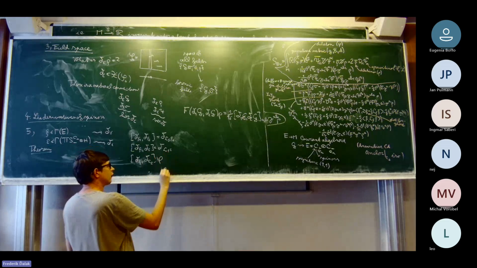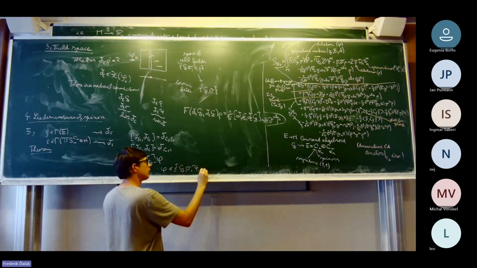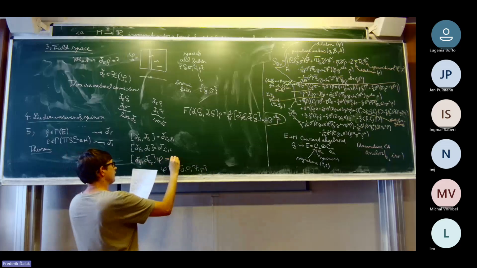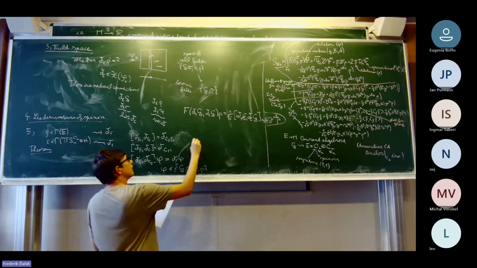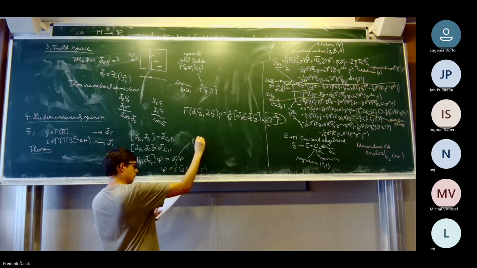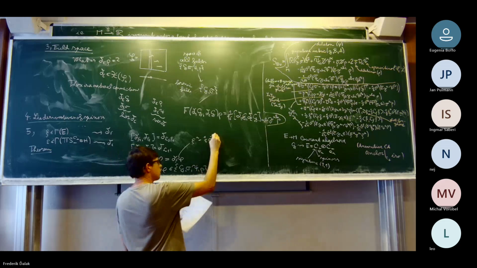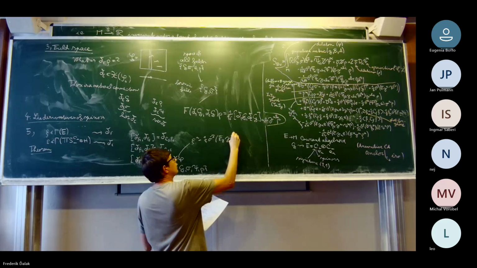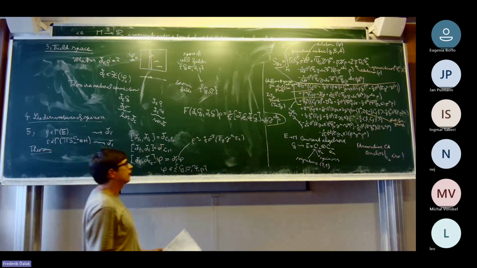If you act on some field phi, where phi is any of your fields G, sigma, psi, rho, then what you get is a diffeomorphism parameterized by some zeta. This zeta is built out of these epsilons in some particular way.